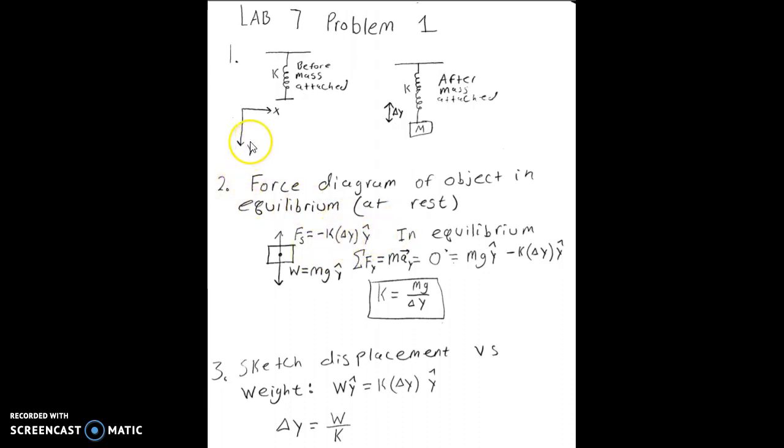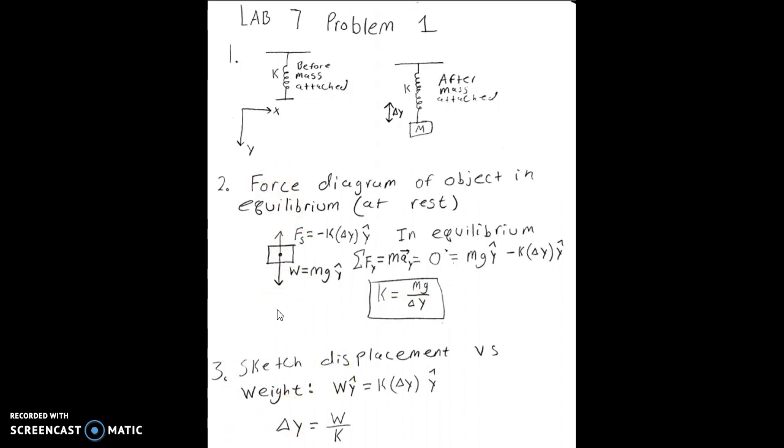So I'm calling again the downward direction y. So if it displaces a little bit in the positive y direction, which is what I have here, the force is going to be upward because the spring force always goes in the opposite direction as the displacement.